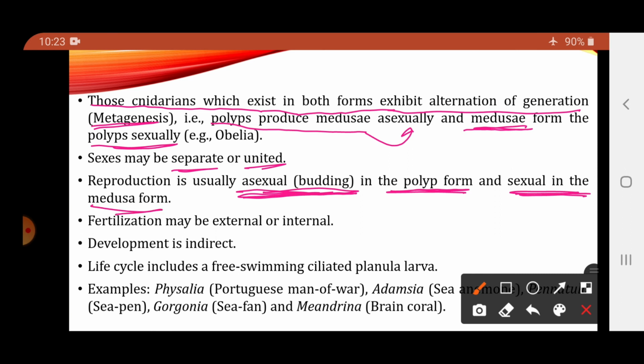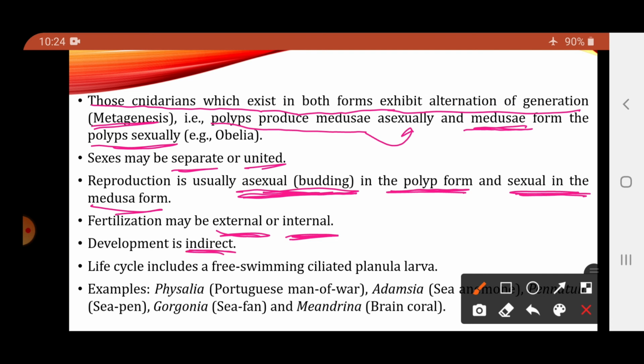Very important: polyps always undergo asexual reproduction by budding and medusa form always undergoes sexual reproduction. Okay, since it is sexual reproduction, there will be fertilization. So either fertilization may take place inside the body or outside the body. So fertilization may be external or it may be internal.